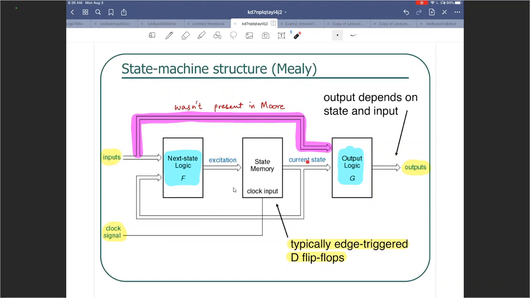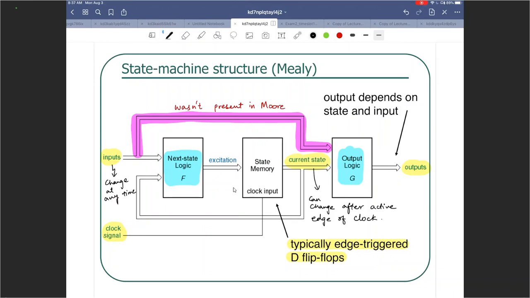So the current state right here, if I highlight this current state, I can say the current state can change after the active edge of clock. But these inputs can change anytime, because those are in control of the user, right?